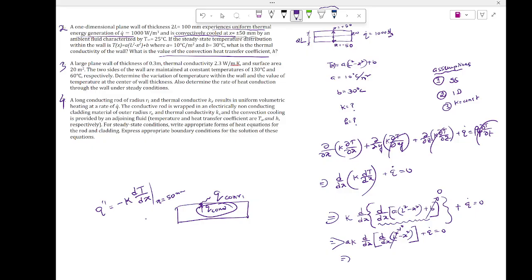Do you understand? That should be your Q convection. That should be h times the surface temperature, at x equal to 50, minus T infinity. And from there you find the H value. You understand how to deal with that? It's tricky. This is not as straightforward as the others. Very tricky.